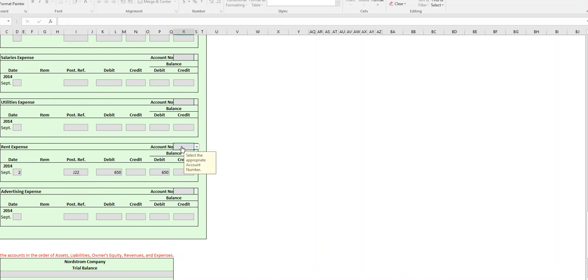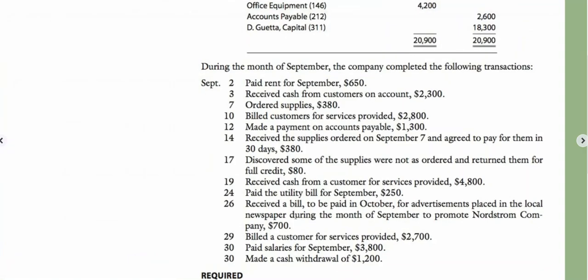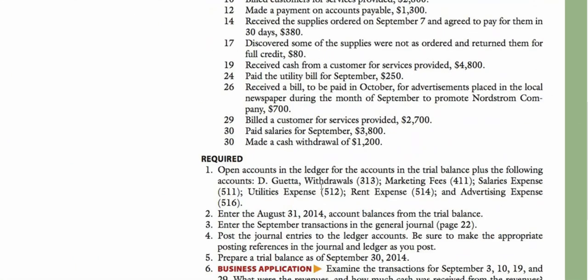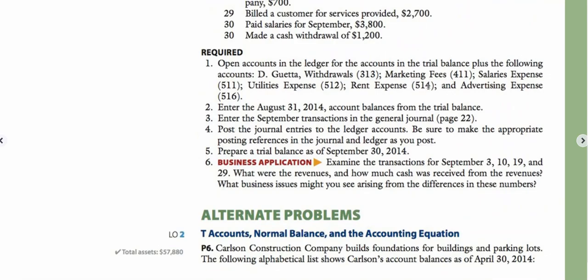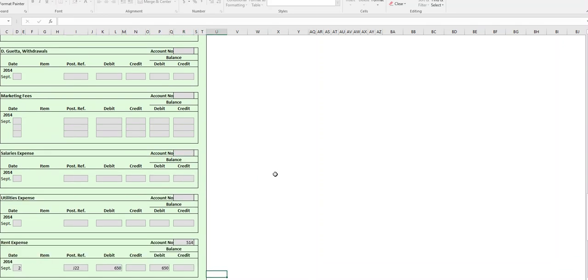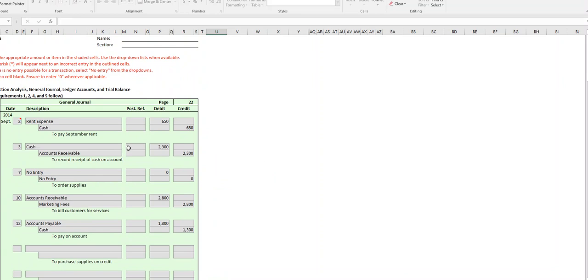What was rent expense's account number? It was right here, 514. So then we go back up to the journal and we put 514 here. That's kind of like our check mark to show I've already posted this one to the ledger. Now I go to the next one so I don't do it over again.